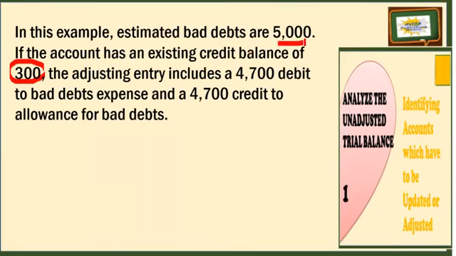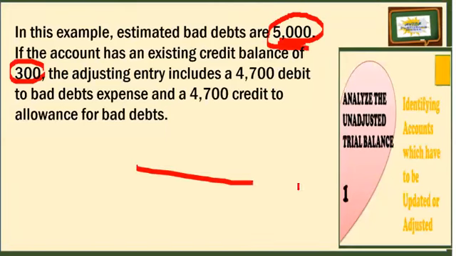budgets 5,000. Then we have an adjusting entry of 4,700. So the adjusting entry includes bad debt: a debit to bad debts expense of 4,700 and a credit to allowance for bad debts, because we have to come up with the 5,000 ending balance.